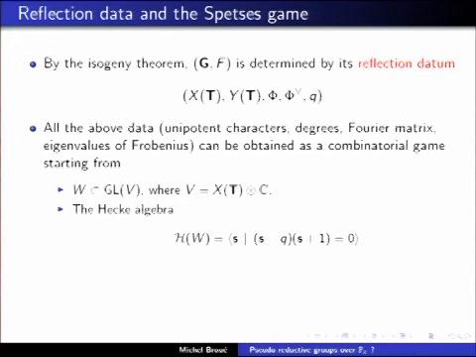And one essential ingredient in computing all this Lusztig datum from the Weyl group is the Hecke algebra. You heard many things about the Hecke algebra here. It is the deformation of the algebra of the Weyl group where you keep the braid relations and you replace the condition (s minus 1)(s plus 1) equals 0, s squared equals 1, by this deformation.